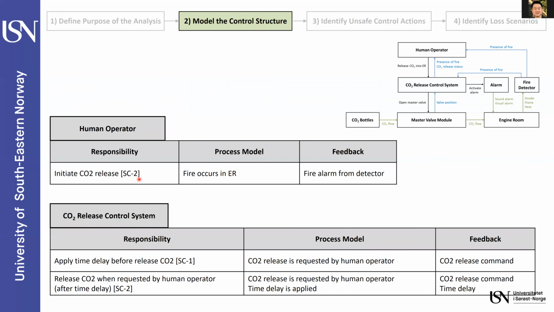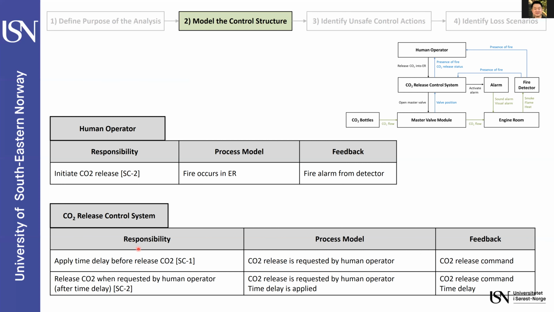And we can also identify the responsibilities, process models and feedbacks of this CO2 release control system. One important responsibility is, as you can see here, to apply the time delay before releasing the CO2. The relevant process model is that CO2 release is requested by the human operator, and the feedback is the CO2 release command from the human operator.